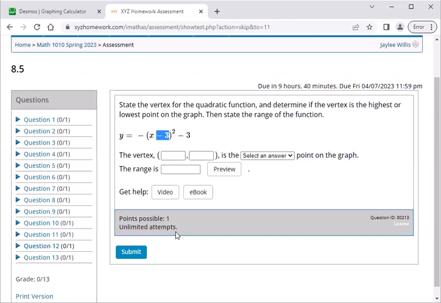And so I can type my coordinates in. The x coordinate should be +3 because this number tells me that I'm going to the right 3. Then my y coordinate should be -3 because I'm shifting it down 3. And then this -1 that's multiplied outside, what does that tell me?